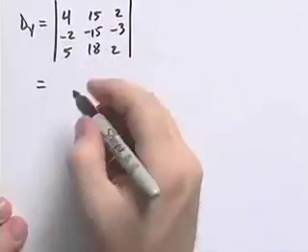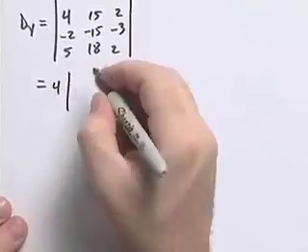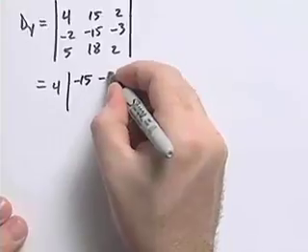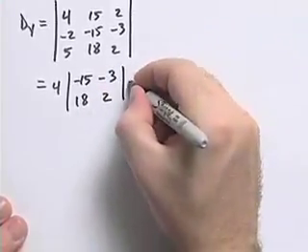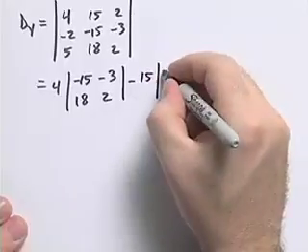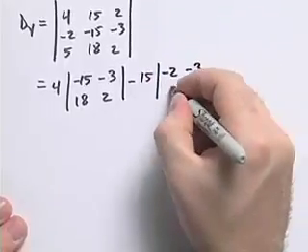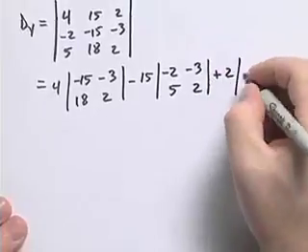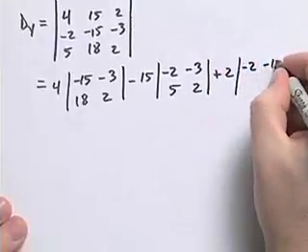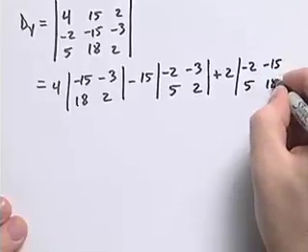Just going to expand across the first row again. So we'll have 4 times the determinant of negative 15, negative 3, 18, and 2. Minus 15 times the determinant of negative 2, negative 3, 5, and 2, plus 2 times the determinant of negative 2, negative 15, 5, and 18.